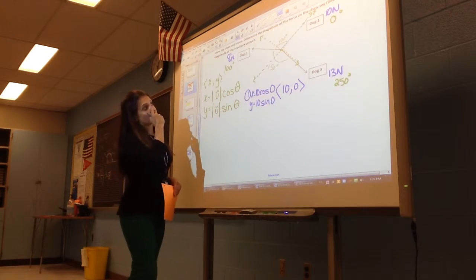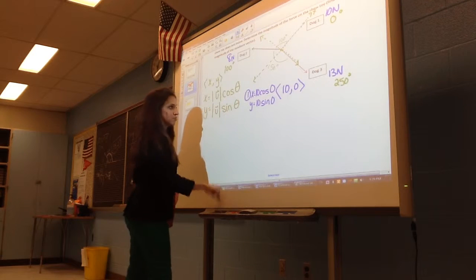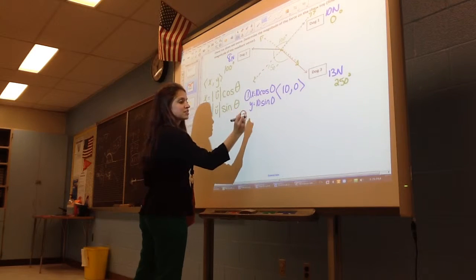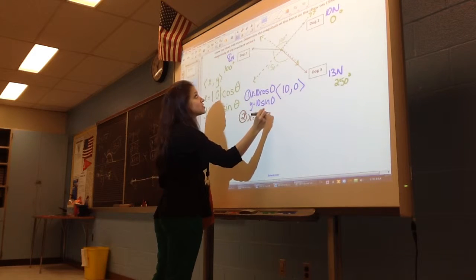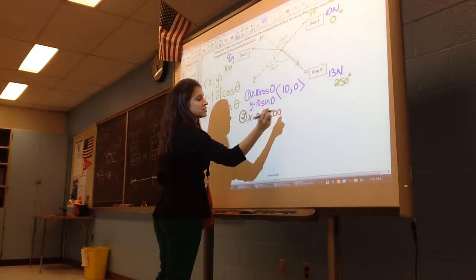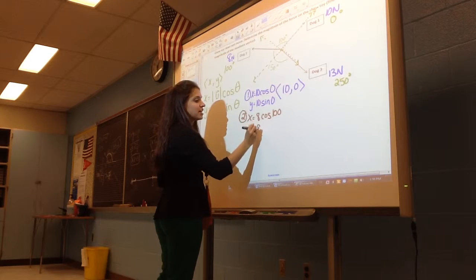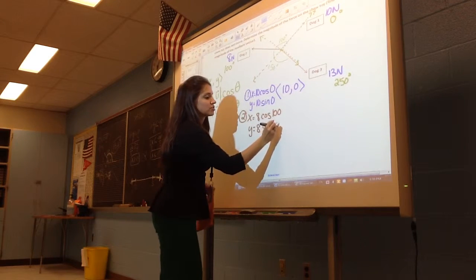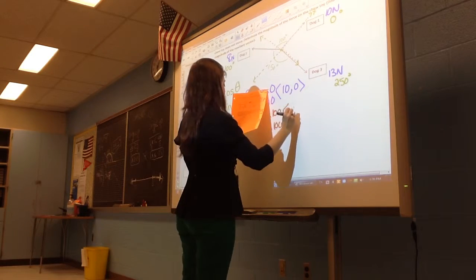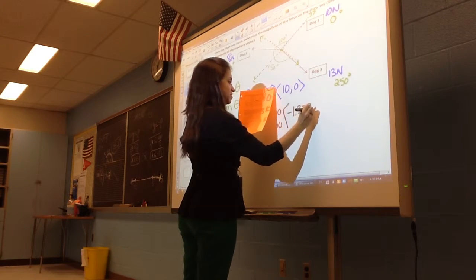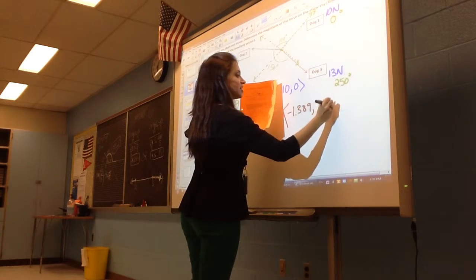Then we can take our next one, dog 2. Same formulas, different values. X equals 8 times the cosine of 100 degrees. Y equals 8 times the sine of 100 degrees. And our components are going to be negative 1.389 and 7.878.